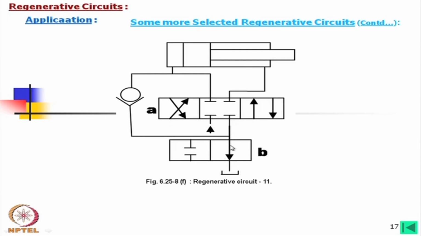Now, what we have done, we have operated this one, then this oil is trying to mix with this side, but there is no way. So, it can only circulate, it is trying to circulate within this path.